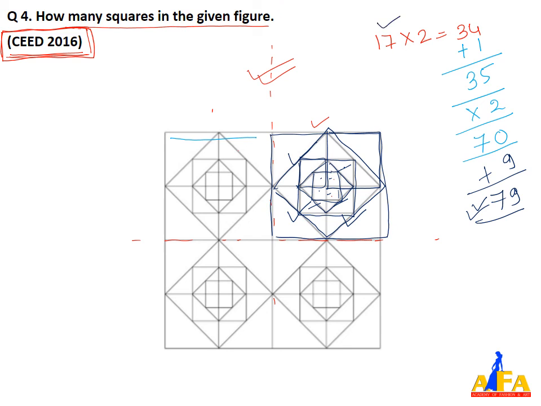So 17 कैसे आया? ऐसे आया 17. Why multiply 2, because हम राइट से लेफ्ट की तरफ जा रहे हैं. सो सिमिलर जगह पे हमें कौन सा सिमिलर स्क्वायर मिल रहा है जो कि कॉमन हो इस दोनों में. सो दैट्स वाई आई हैव ऐड 1.